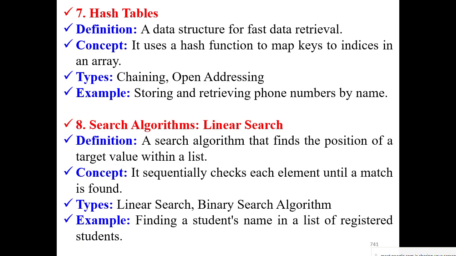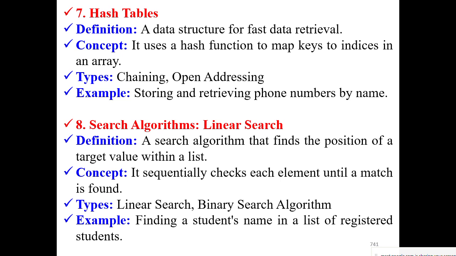Next, moving to hash table. Hashing is nothing but a process of mapping a key with a value. A hash table is a collection of elements. In an index-based manner, we are storing the elements, with index positions bucket 0 to bucket n.